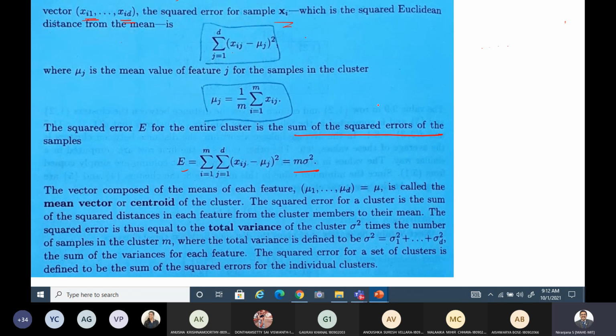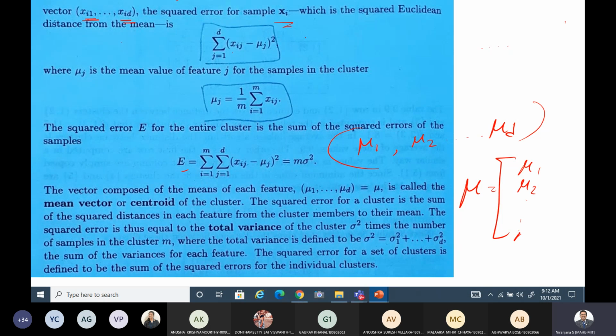Even you find here mu j, right? Mu j, when j varies from 1 to d. So you can see that there will be multiple mu's, mu1, mu2, etc. up to mu d. All this together you can call it as a vector, mu as a vector.